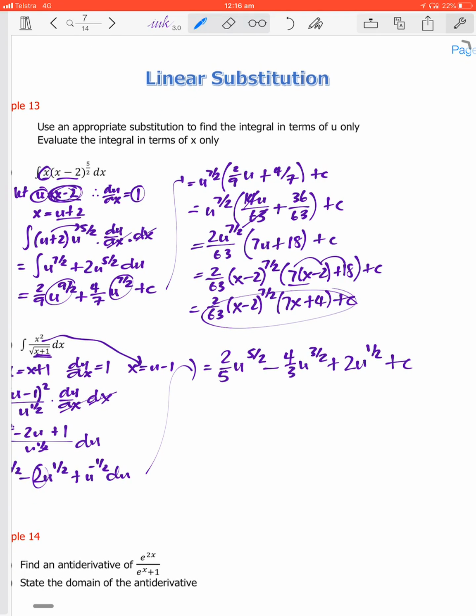Now, if we take out u to the half, we're going to have 2 on 5 u squared, because that's the same as 2.5. If I take out a half, I'm left with 2, minus 4 on 3 u to the 1, so it's just u, and then plus 2, and then we have a plus c outside.